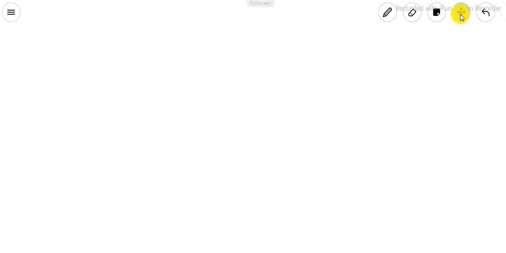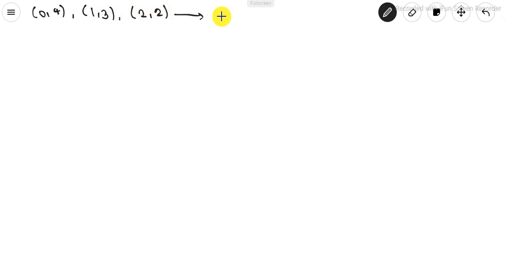Here we write the coordinates at the corner for me. The first coordinates are 0, 4, the second is 1, 3, and the third is 2, 2. These are the coordinates for the equation x plus y is equal to 4.